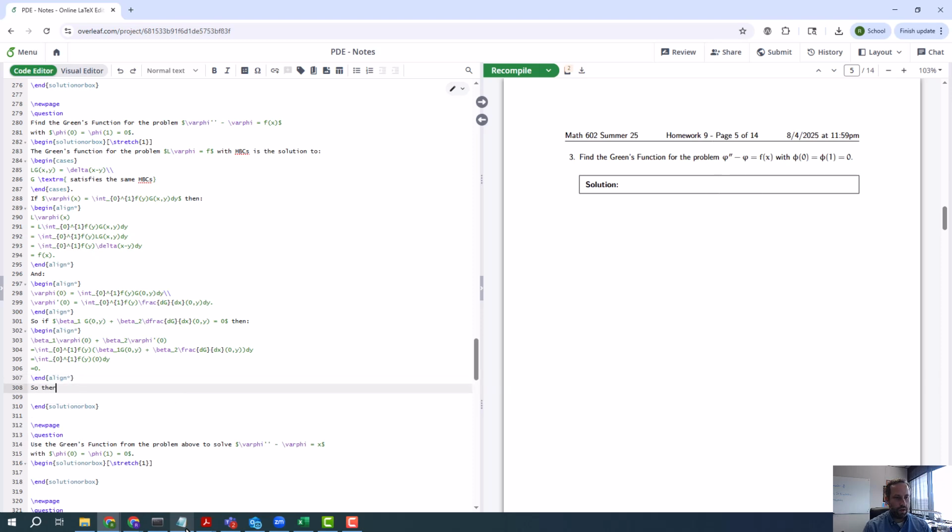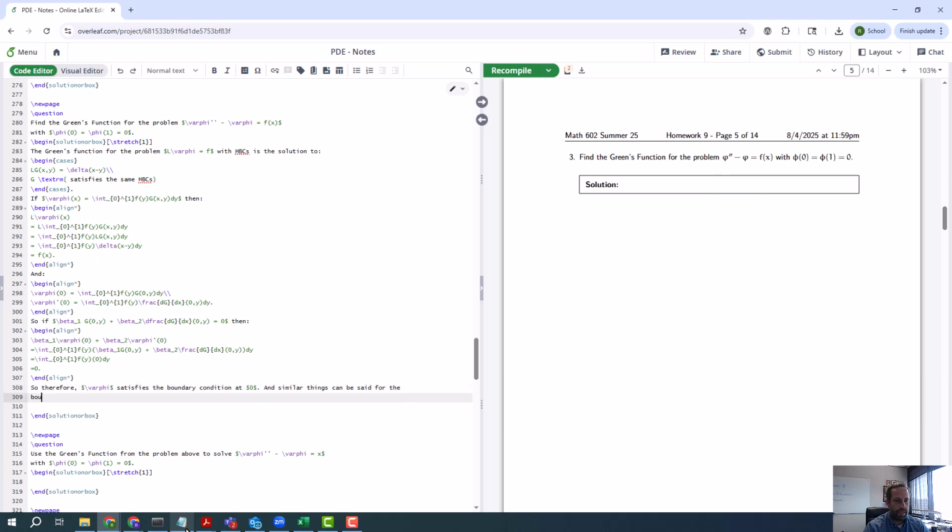So therefore, phi satisfies the boundary condition at 0. And similar things hold for the boundary condition at the other endpoint.